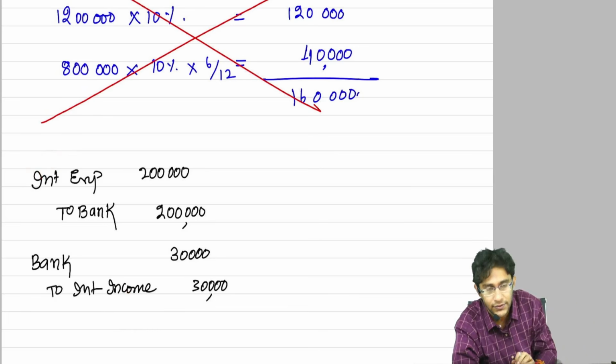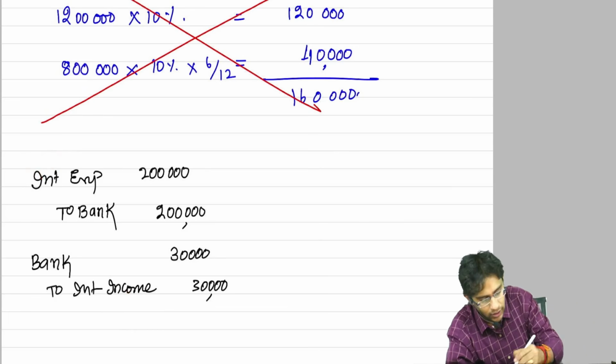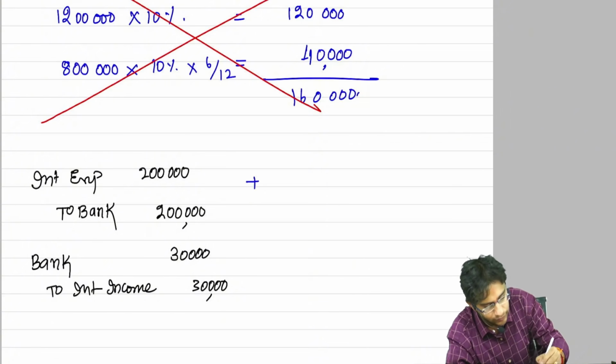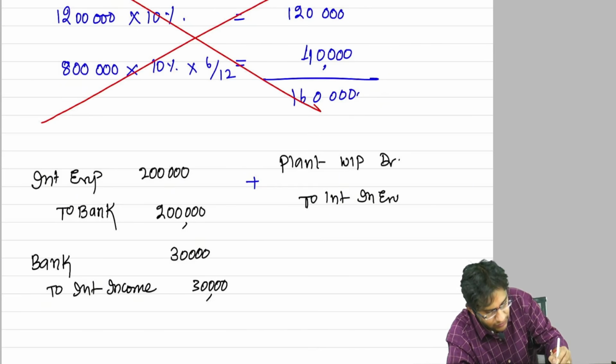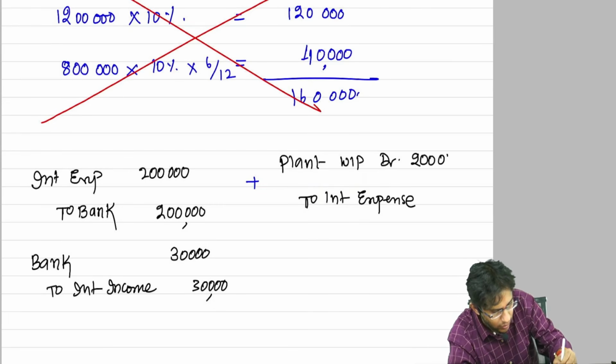How will I capitalize this? Interest expense, whatever is your qualifying asset, let's say it's a plant, work in progress, to interest expense with an amount of 2 lakhs.